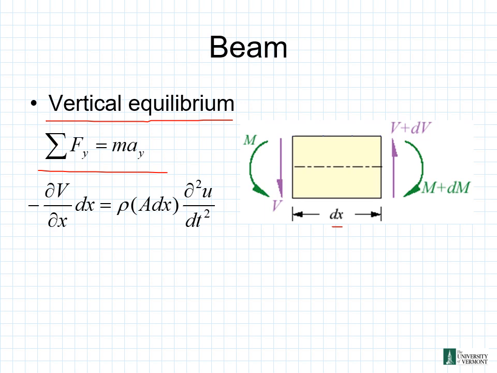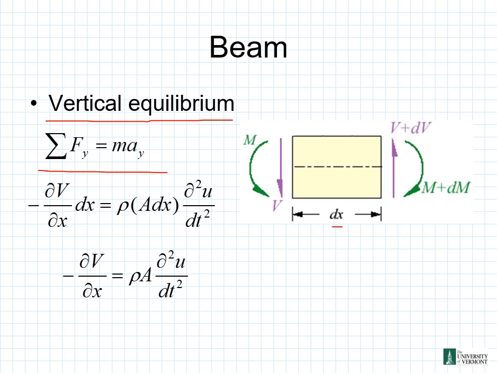So our delta V, our partial of our shear with respect to x, negative dx, is equal to our rho A dx times the second partial derivative of u with respect to t, or partial squared u over partial t squared here. And we can reduce this down. So negative partial of V with respect to x is equal to rho A times partial squared u over partial t squared, the second derivative of u with respect to t.